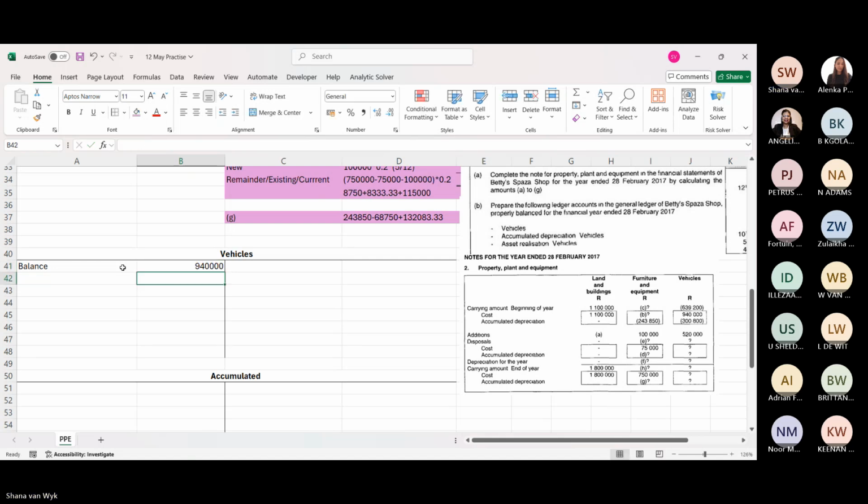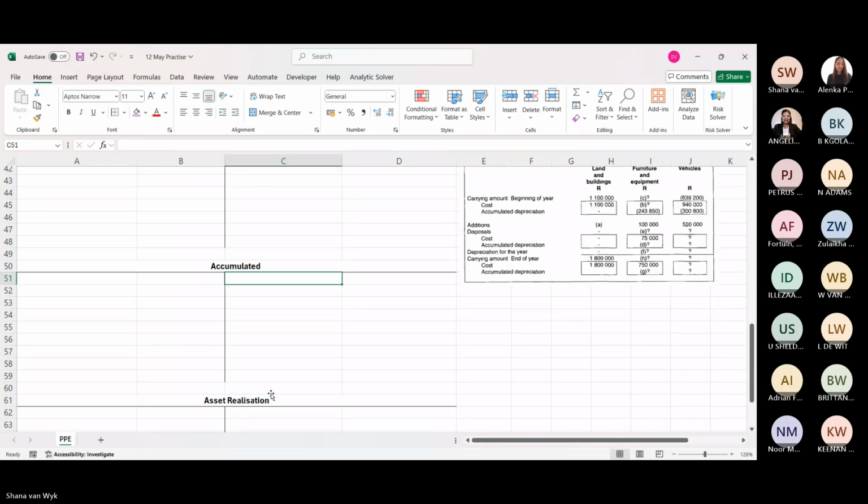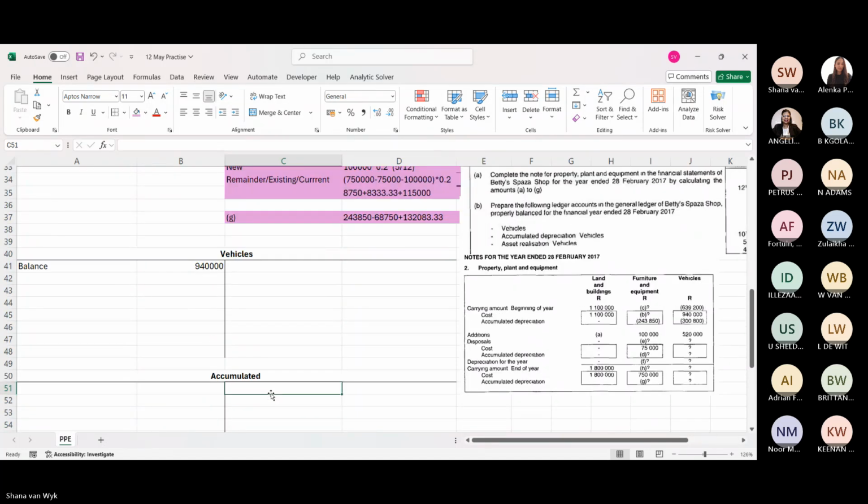And then this is... wait. Depreciation is on this side. We carry it over to this one. So it's debit.